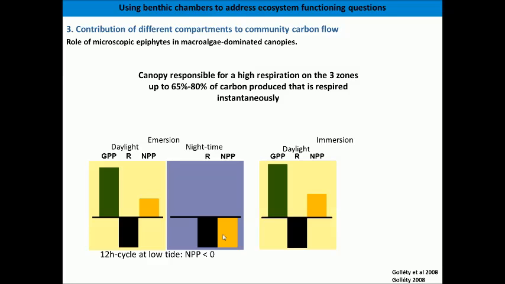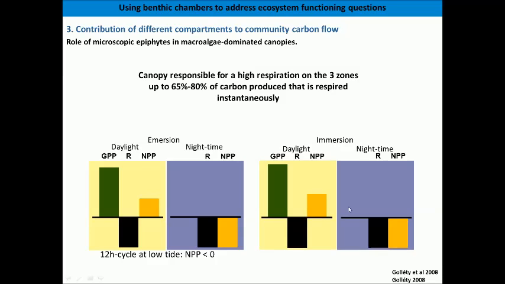If we assume at high tide that pretty much the same thing happens, except you probably have a higher gross primary productivity, so you still have a positive but not very large net primary productivity under light. But then under darkness, again no gross primary productivity, high respiration resulting in very high negative net primary productivity.